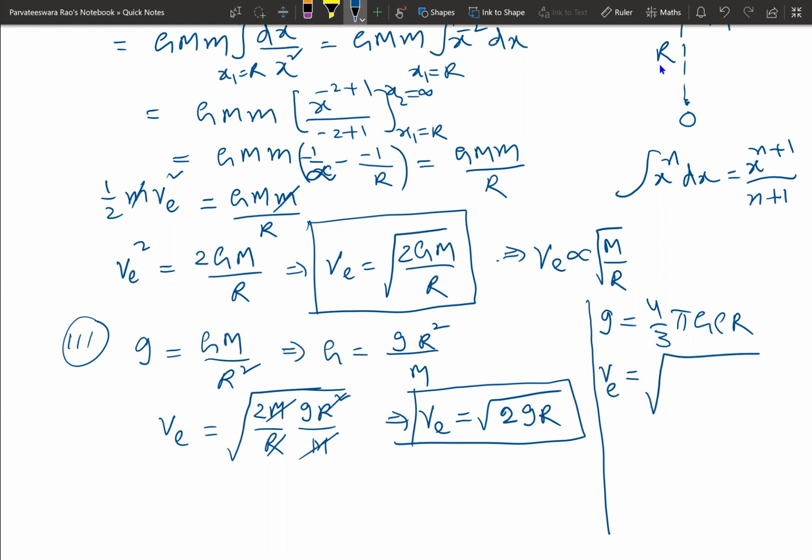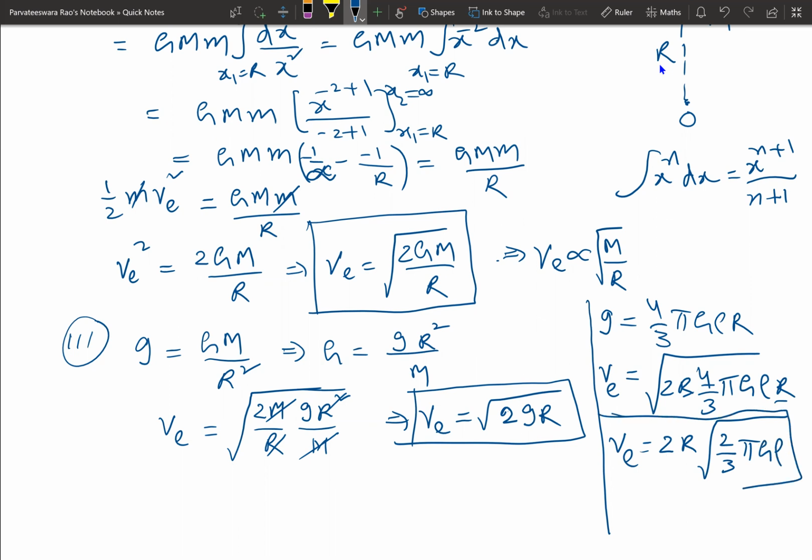So it is root of 2r in place of g, 4 by 3 pi G rho r. So this 4r square can be taken out. Hence it is 2r under root of 2 by 3 pi G rho. Rho stands for density of the planet.